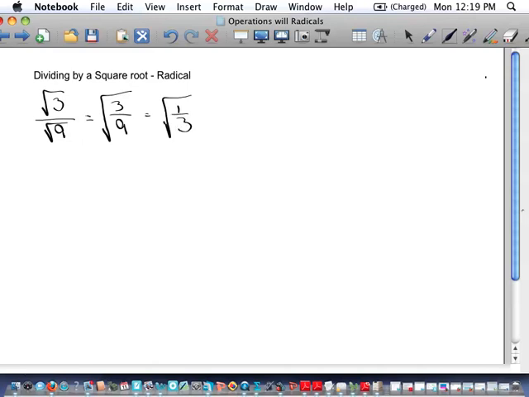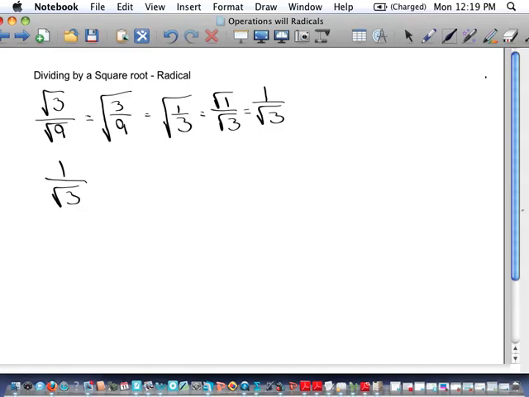Now the square root of 1/3 I can rewrite as the square root of 1 over the square root of 3. Square root of 1 is 1 times the square root of 3. Okay, so I can simplify it first. But now I have 1 over the square root of 3.